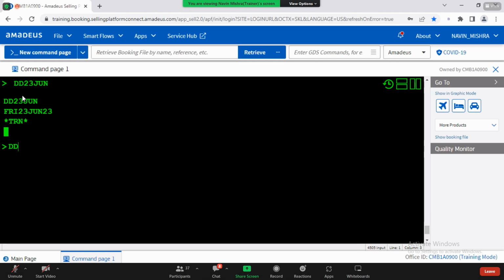DD, let's try and understand the date. Onward travel date is 23rd of May. Now I want to return, just add 22 days later. So this will give you the exact date. If you add 22 days from the 23rd, then the date is 14th of June.